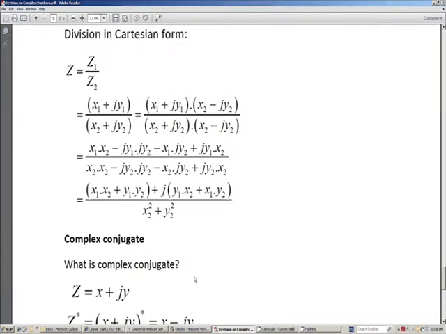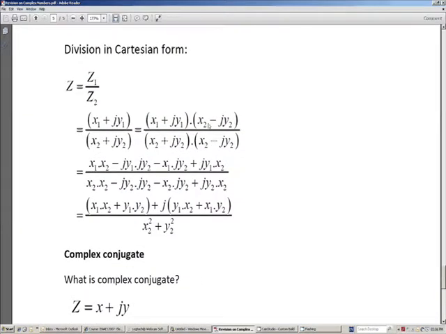So going back here, what you do is multiply by the complex conjugate of x2 plus jy2, which is x2 minus jy2. You multiply the numerator and the denominator so that you don't make any difference in the ratio, and then you find the product, resulting in 4 terms in the numerator and 4 terms in the denominator.